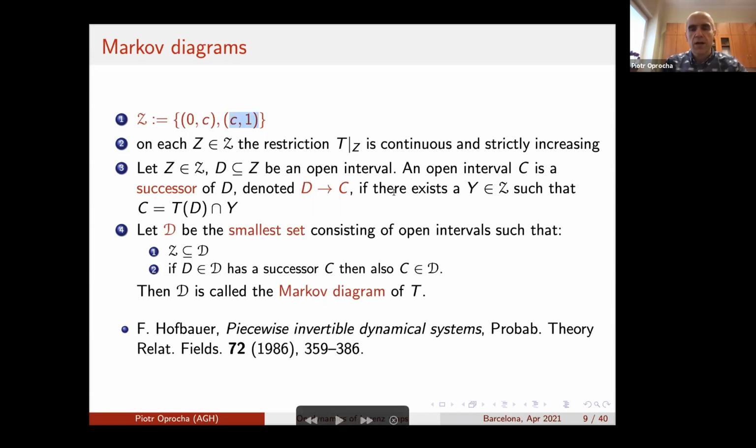That way he constructs a kind of diagram: iterate, intersect, iterate, so you get a kind of partition each time, and then he draws an arrow if one of the sets is the image of the other. That way he gets an infinite graph, because many different intervals can appear after these intersections, since you don't know exactly where this c goes, so it can cut the space very much. He called this the Markov diagram.